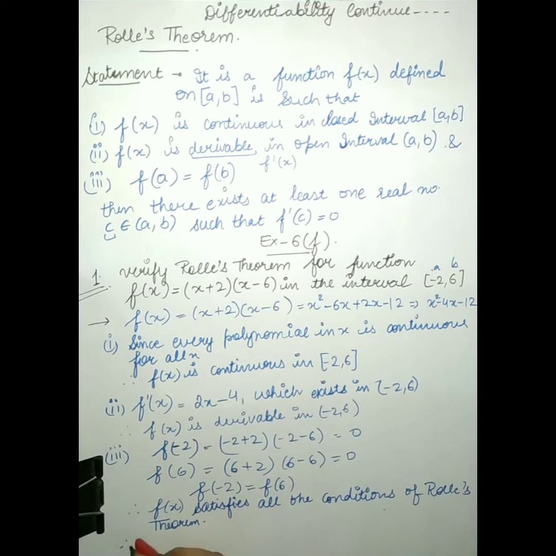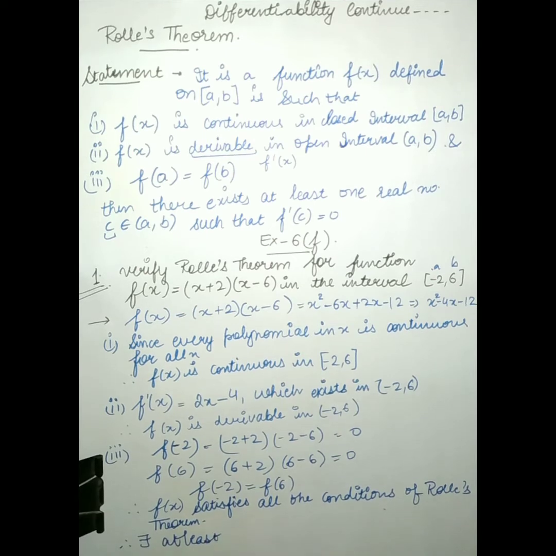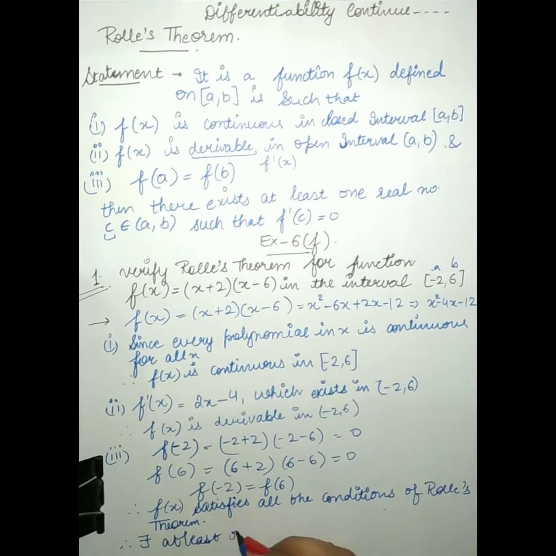So therefore there exists at least one value of c of x such that f dash c will be equal to 0, where -2 is less than c is less than 6.